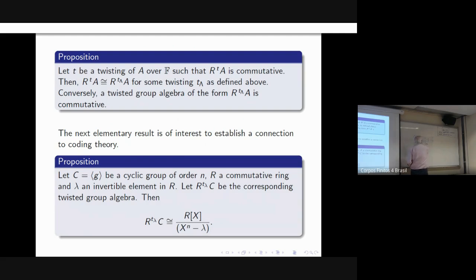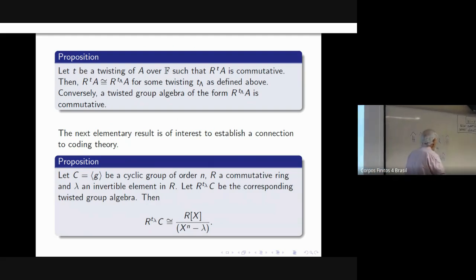I just wrote the definition in one case. Then this looks like this. And if you multiply all the elements of a subgroup by one of them, you obtain the same. Sorry, I forgot here. So you get this.